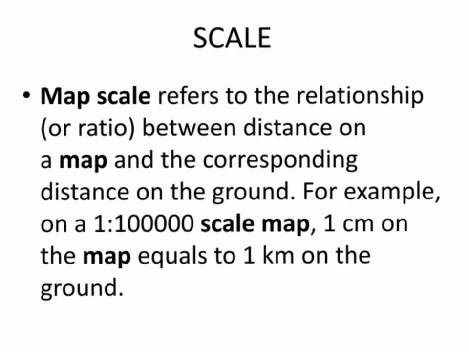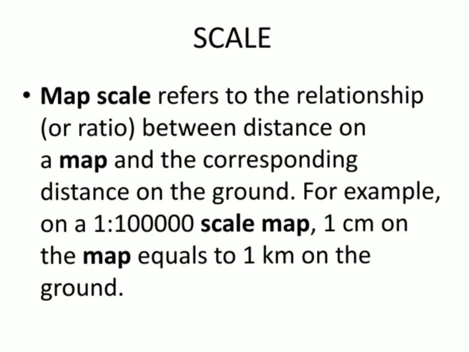Second component of map is scale. We have already discussed the meaning of scale while understanding the definition of map. Let's quickly revise the meaning of scale. Map scale refers to the relationship between distance on a map and the corresponding distance on the ground.